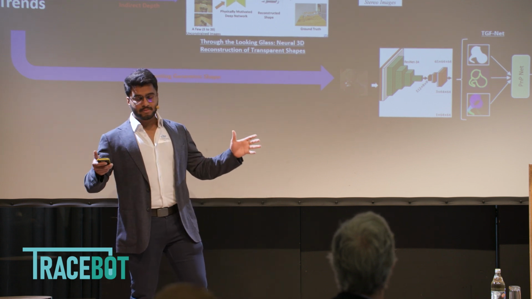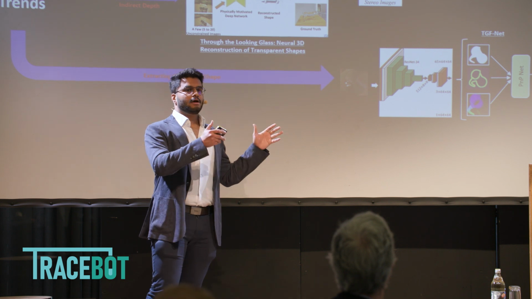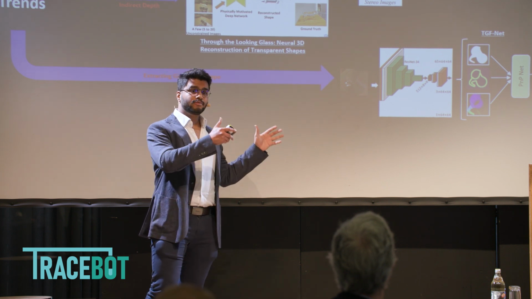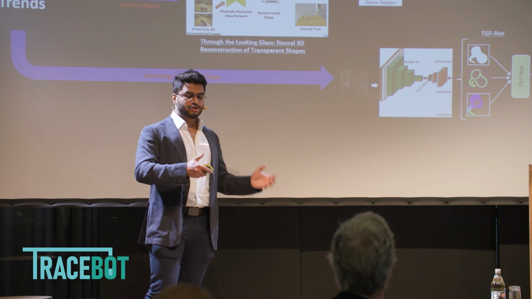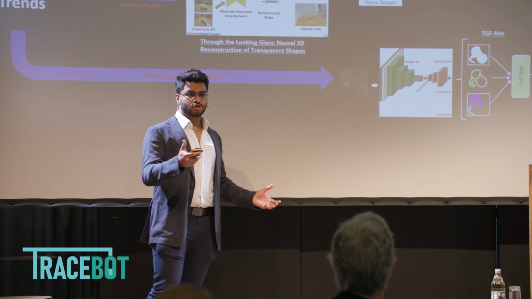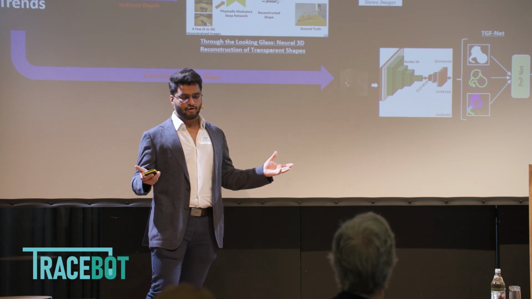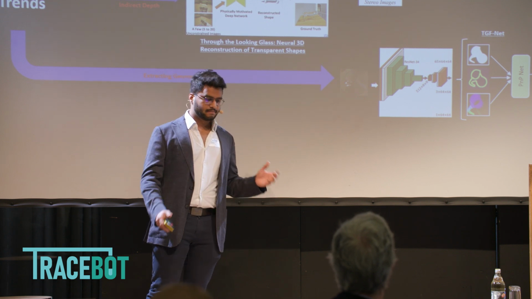So while all the other methods are directly estimating the 6D pose from the input RGB, TGFnet actually tries to derive the pose from these geometric features, and that's why it's performing better than all the other methods.